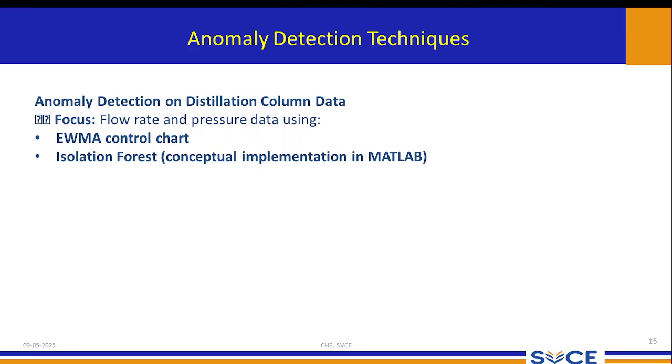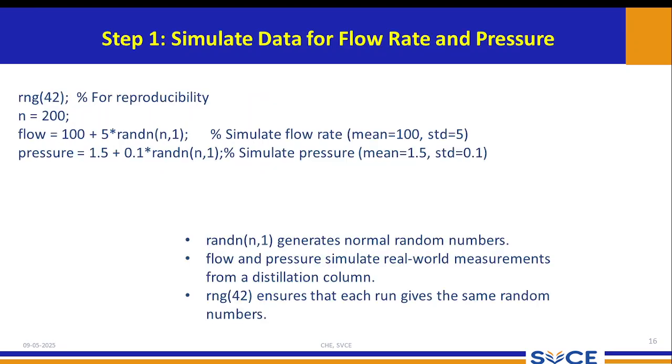The focus is flow rate and pressure data. The exponentially weighted moving average control chart and isolation forest are used for the conceptual implementation in MATLAB. Coming to step 1: rng 42 for reproducibility. Let's say n is equal to 200. The flow is 100 plus 5 times randn, where 100 is the mean and the standard deviation is 5.